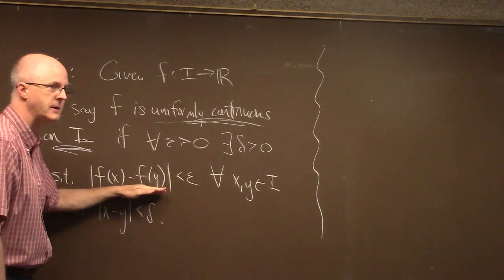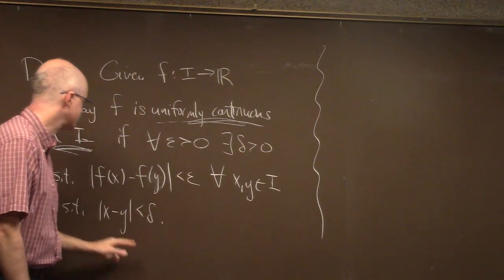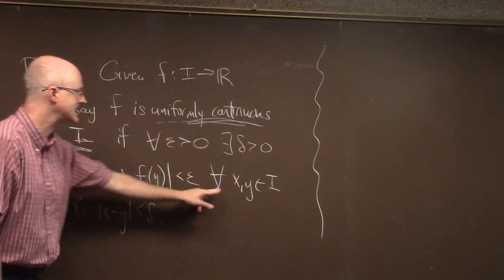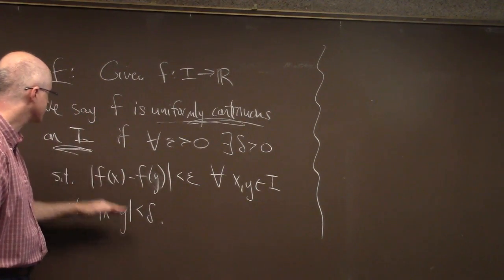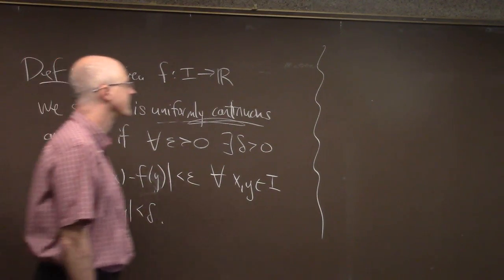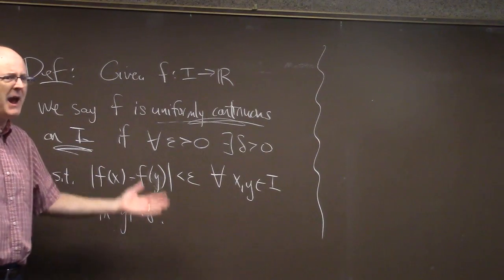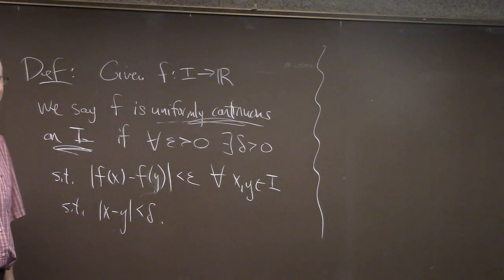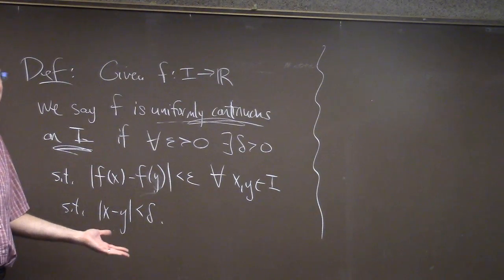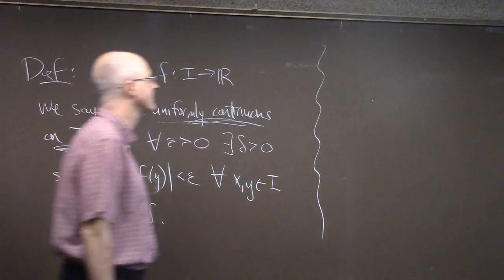That is, this is greater than or equal to epsilon for some x and y in the interval satisfying this condition. There exists an x and y with this condition so that this condition is not true. That's the negation of that definition. What should you pick for epsilon? I've got to show there exists an epsilon. Perhaps any positive number will work. That's what you would hope, to make it as easy as possible. And the typical thing people try is 1. Try letting epsilon equal 1.